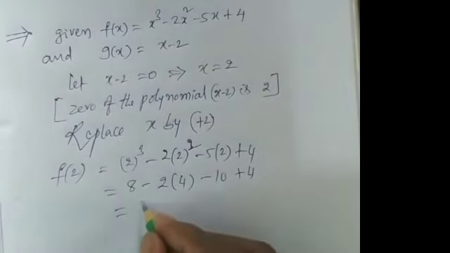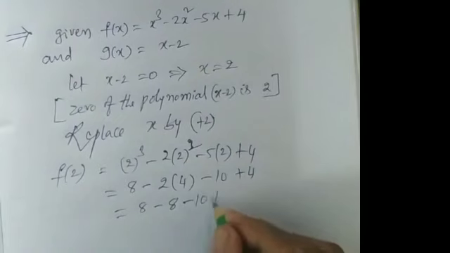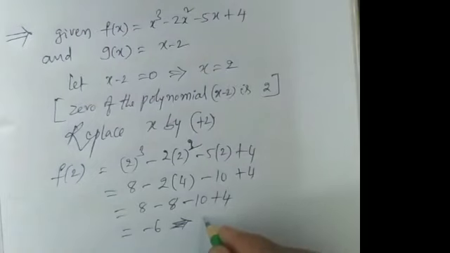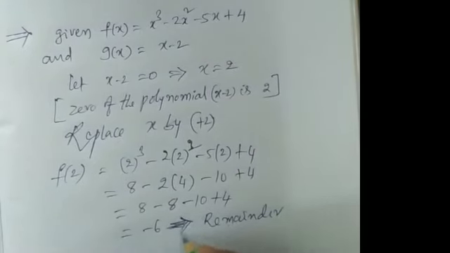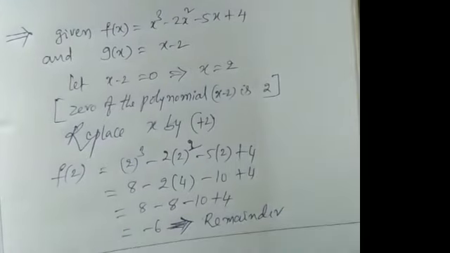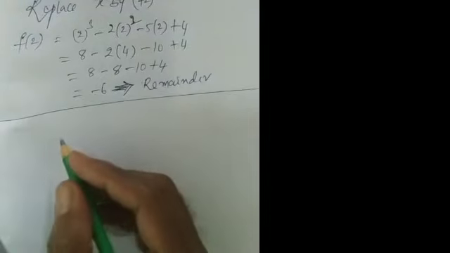So again 8 minus 8, minus 10 plus 4. On simplification 8 gets cancelled, minus 10 plus 4 is minus 6. So the remainder is minus 6. Here the remainder is not 0, so it is not a factor. So x minus 2 is not a factor of f of x because it leaves remainder minus 6.